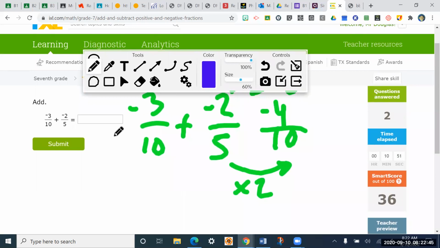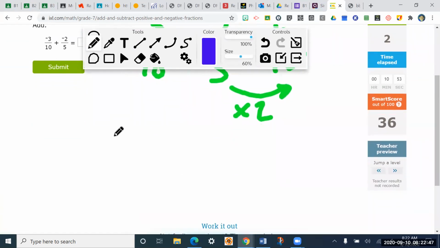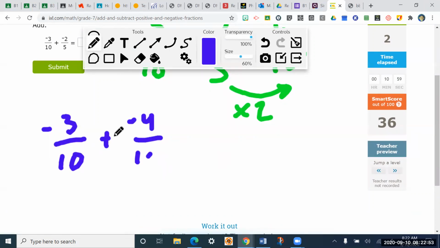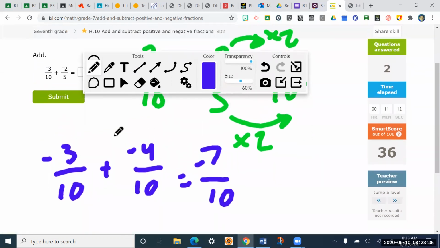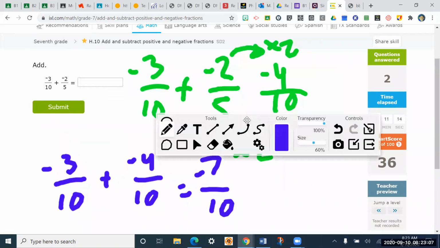So I have negative 3/10 plus negative 4/10. So what do I have there? You add across. That's the same sign. Well, if they have the same sign, you just add them and keep the same sign. So I'm going to have negative 7/10. I cannot simplify that any further. So I'm done. Negative 7/10.